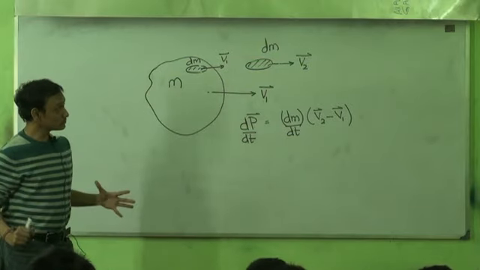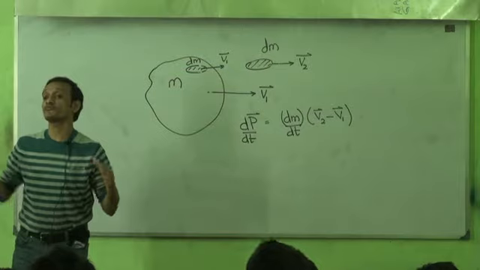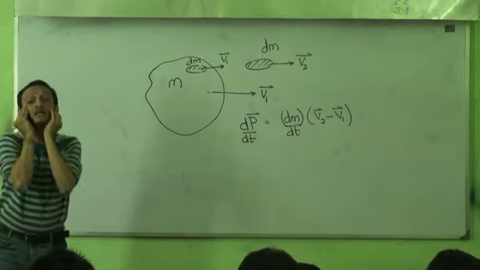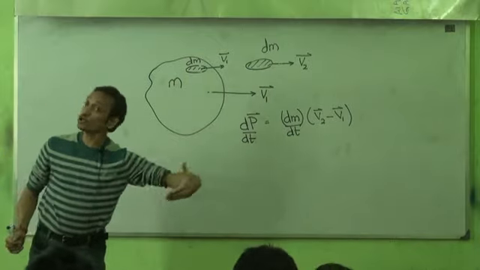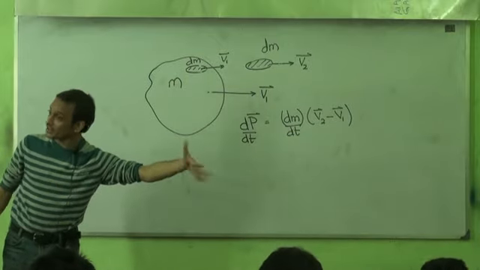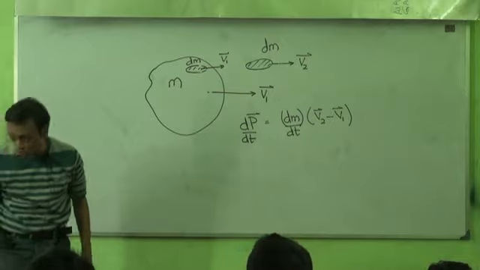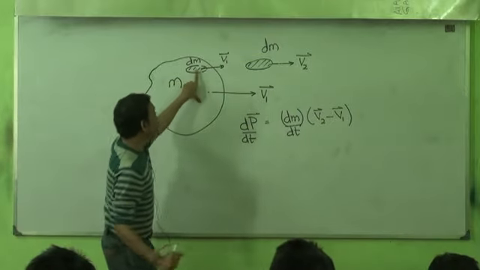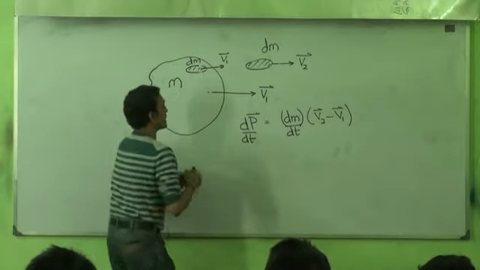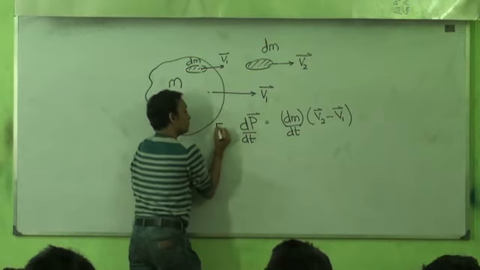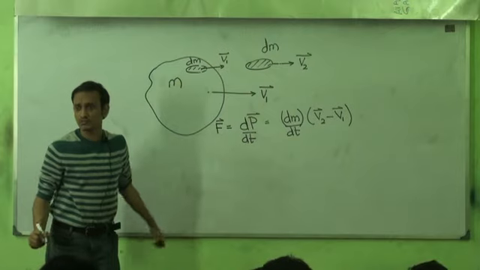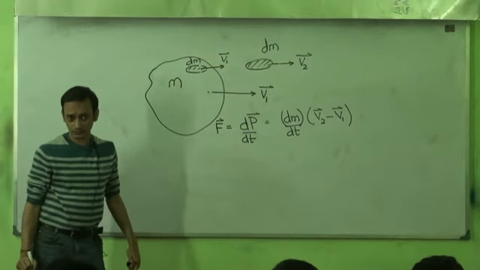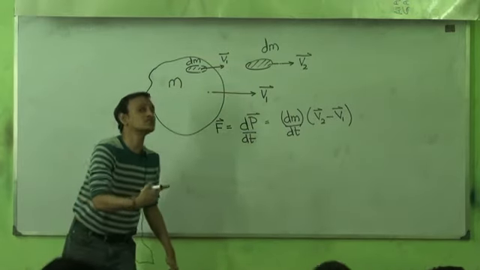Okay. Now, rate of change of linear momentum acting on the mass element must be, from Newton's second law, the net of all external forces acting on that mass element, yes or no? That means this must have been the force acting on the mass element. Who exerted this force?